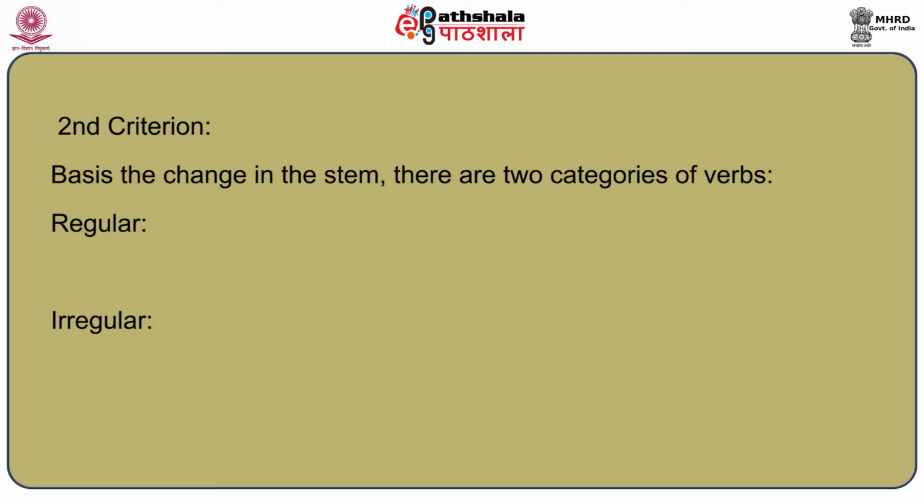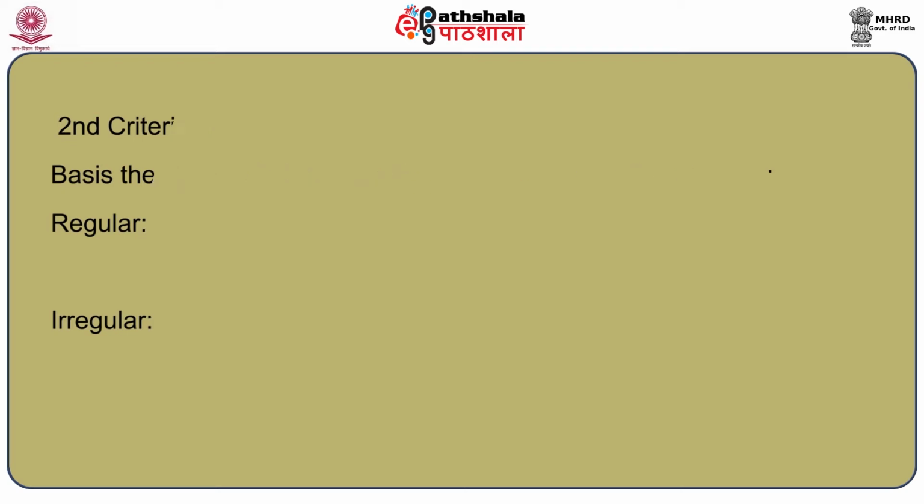The verbs which follow a set or specific pattern of conjugation, and their stem doesn't undergo any change. And irregular verbs are those verbs which do not follow any specific pattern of conjugation, and their stem undergoes a change apart from their ending.